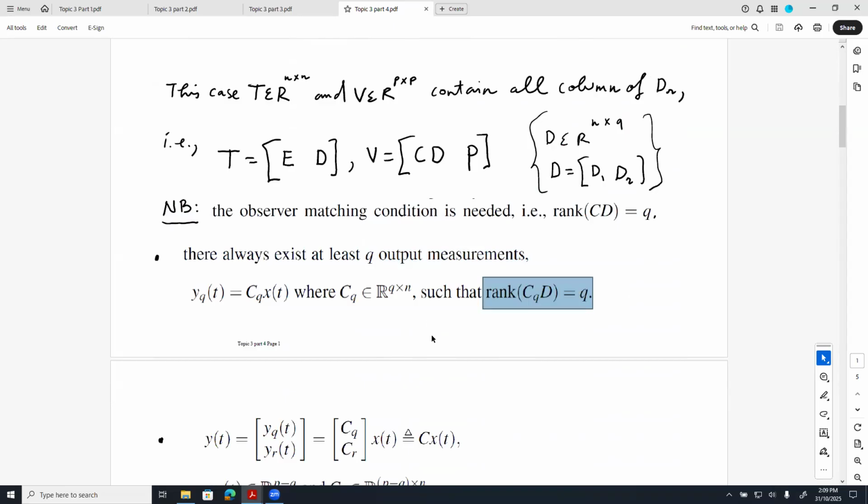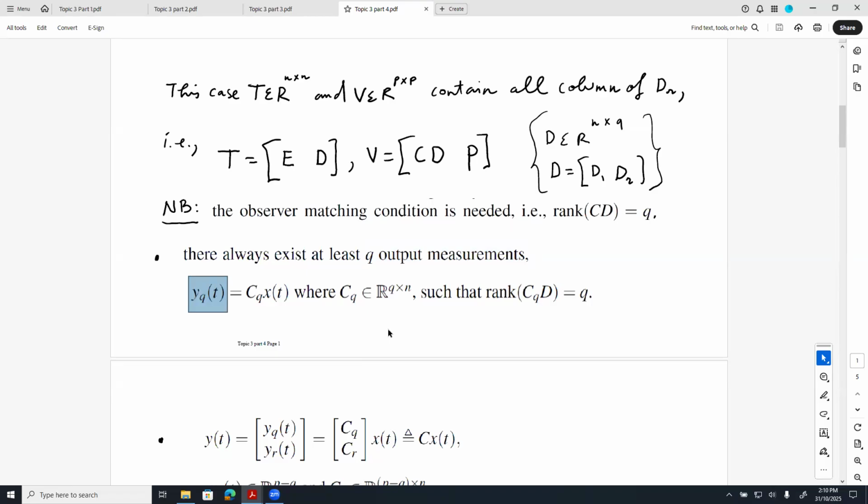Okay, so out of all the output measurements, there exist at least Q output measurements, and we call all of them YQ of t.